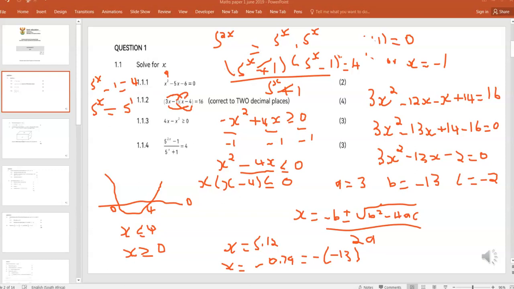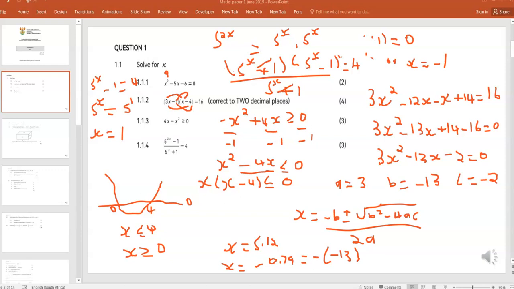So same base, just equate the exponents, meaning x will be equal to 1. If you've got that law of exponents, if you've got the same base, just equate the exponents. That would be our answer for that part, and that will simplify our situation.